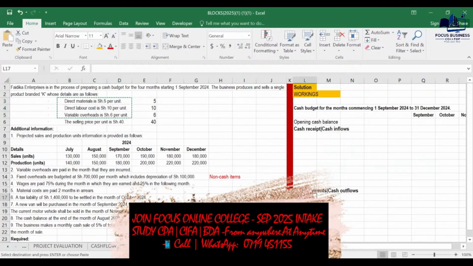Remember, once the company pays for some expenses or overheads, that is a cash payment. I'll have that here. Okay, so let me redo that afresh. I'll copy with Control C, and then paste it here.